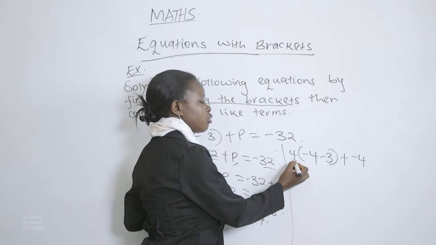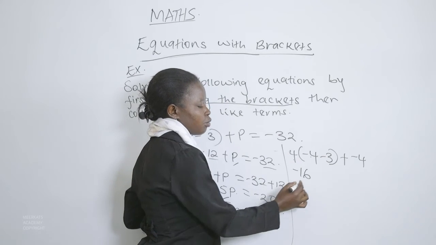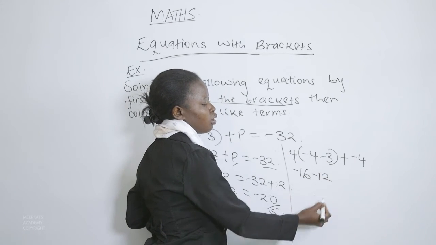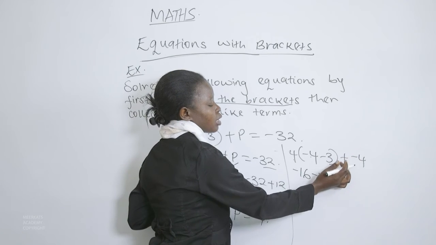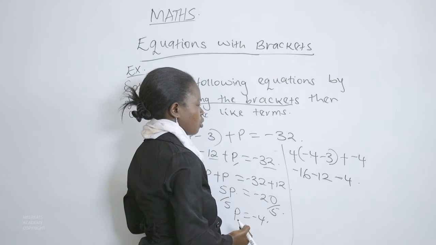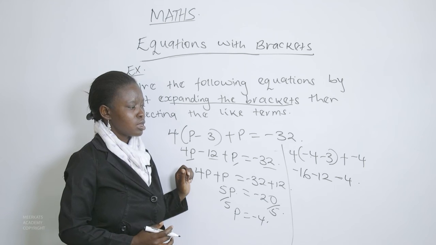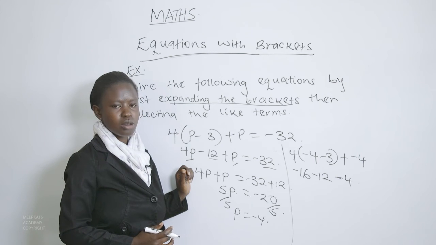So this means that 4 times negative 4 gives us negative 16. 4 times negative 3 gives us negative 12. Then plus minus simply means this is minus 4. So we have negative 16 minus 12.